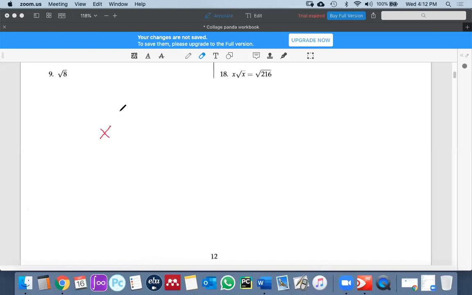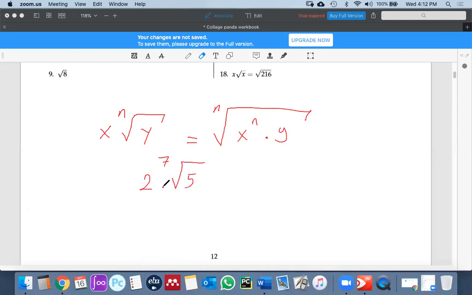X to the power of, x and root of y, for example. This is x to n times y under the same radical. Example 2, 7th root of 5 is equal to 2 to the power of 7 times 5 in radical 7. So as we take out, we can take inside.